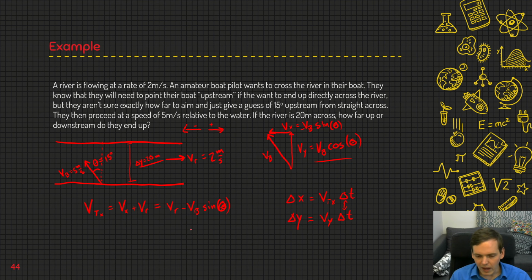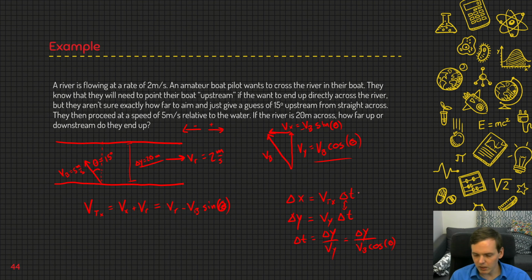So what that means is I can rearrange this delta y equation to get delta t equals delta y over Vy, which is also equal to delta y over Vb cosine theta.